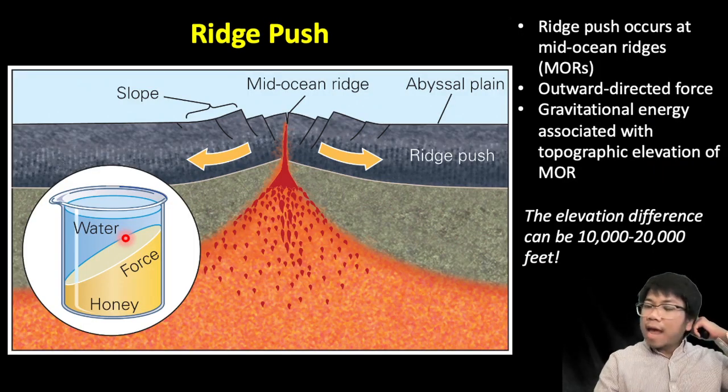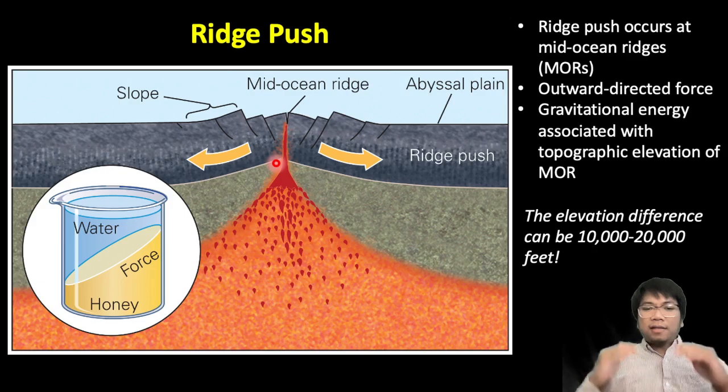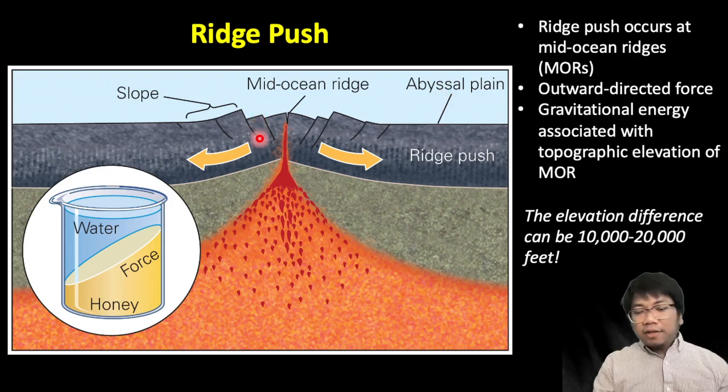The second driving force happens at mid-ocean ridges when we have seafloor spreading. The ridge push occurs at mid-ocean ridges, and it is an outward directed force from the ridge. The reason for that is because mid-ocean ridges stand tall, much taller than the abyssal plain on both sides of the ridges, and the elevation difference can be up to 10,000 to 20,000 feet.